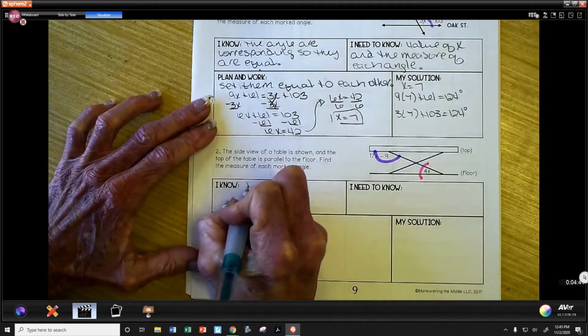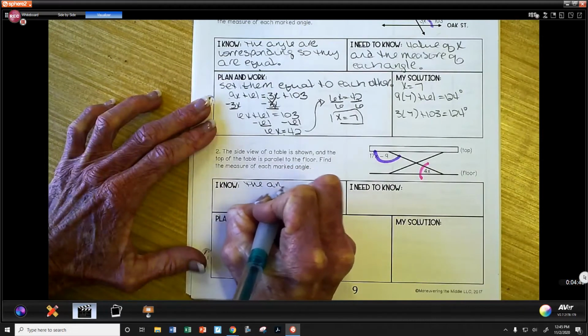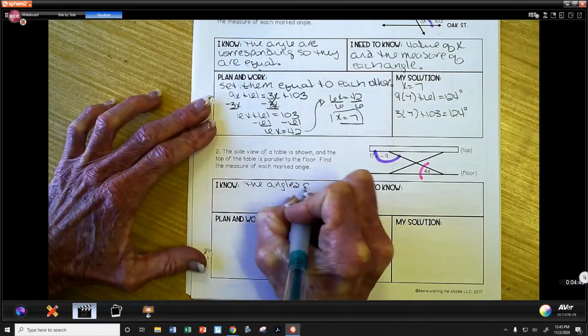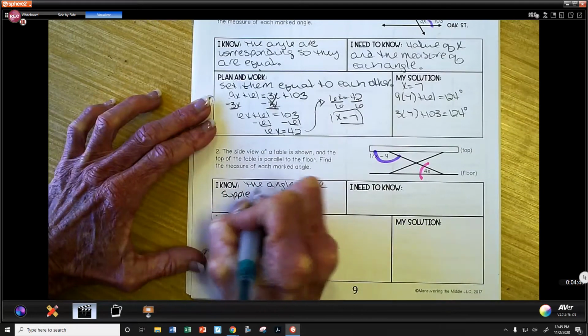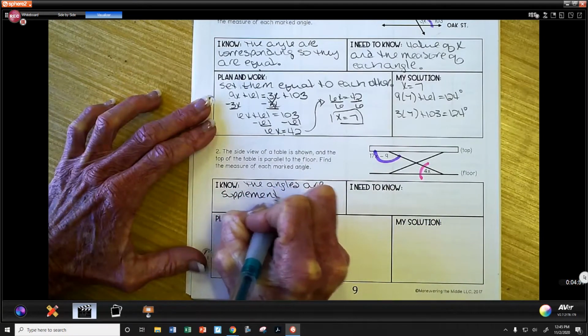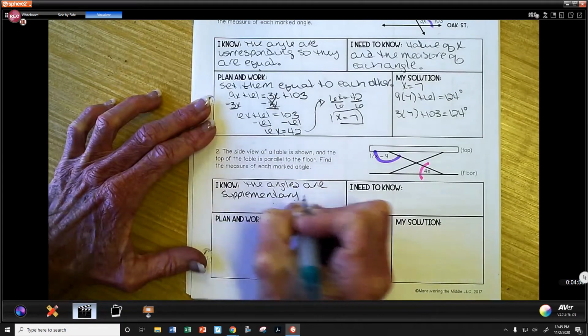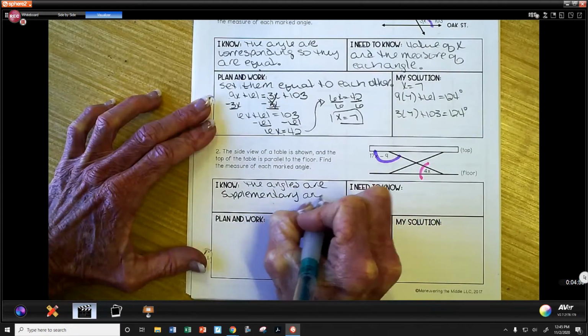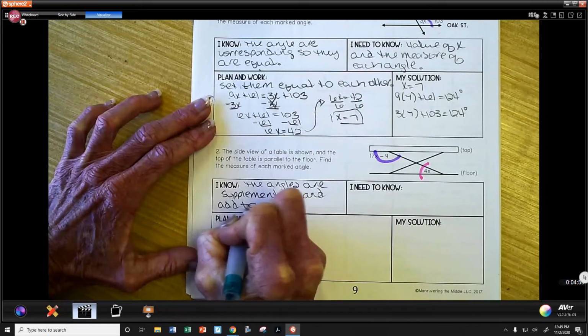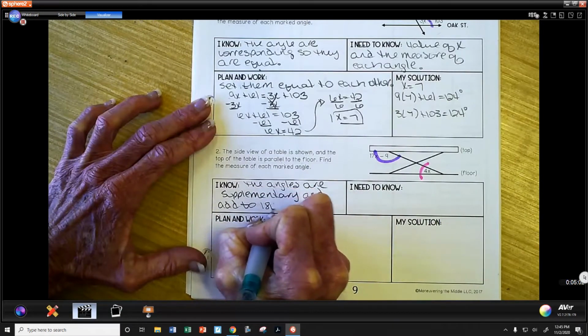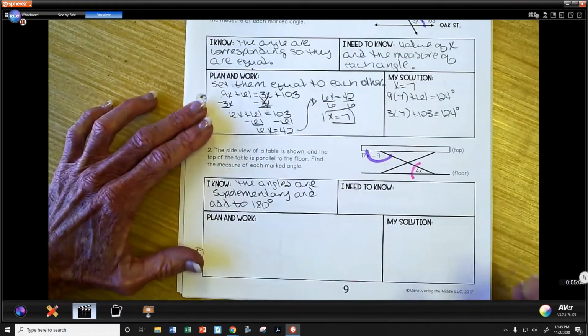So what do you know? I know the angles are supplementary and add to 180 degrees. What do you need to know?